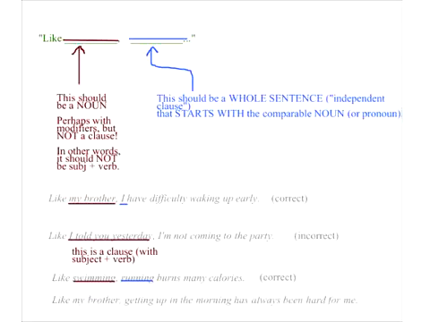That's also incorrect because this is the wrong comparison. It's not my brother versus getting up. That's incorrect. My I would have to be at the start of that blue part. So incorrect. Smiley face if you guys understand the examples that are on this page.